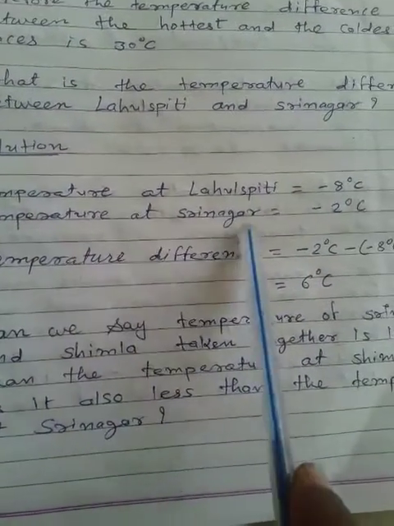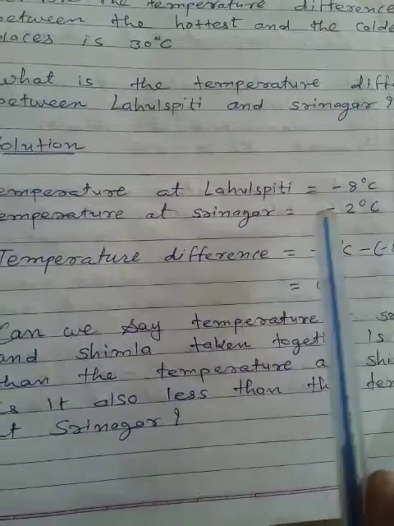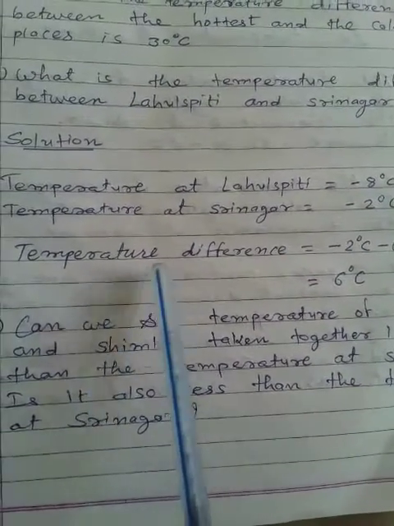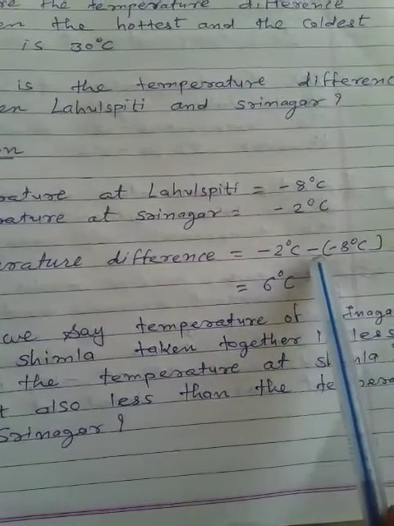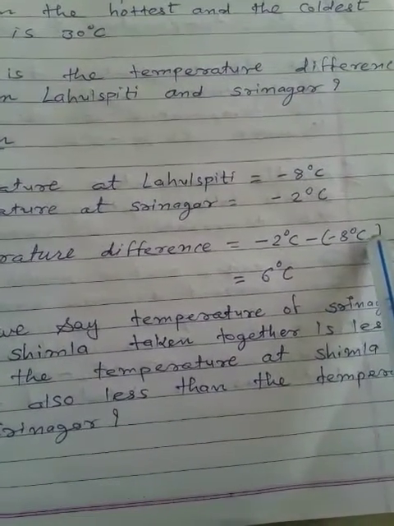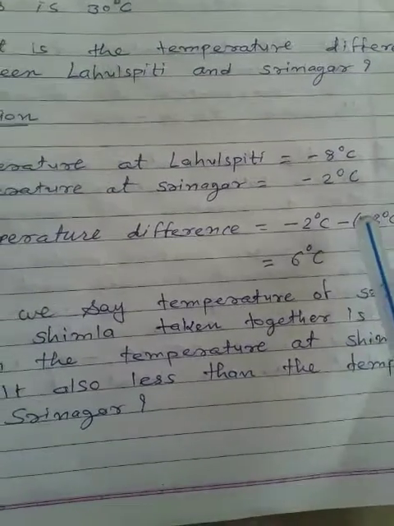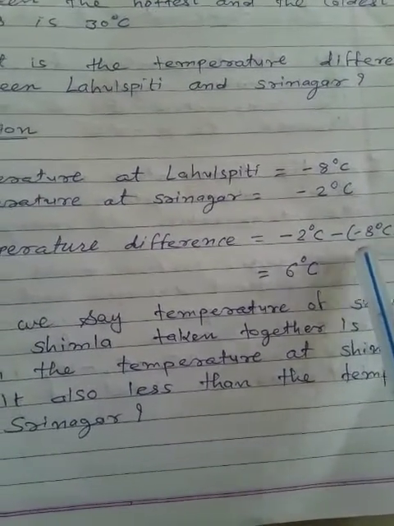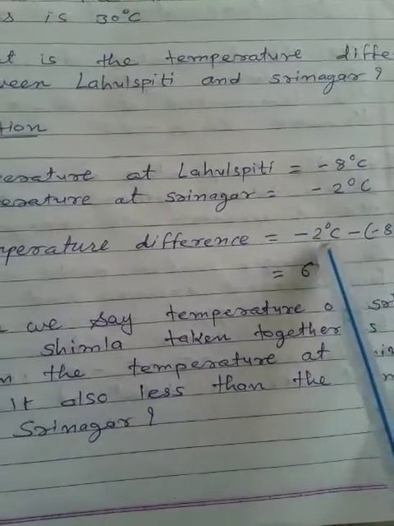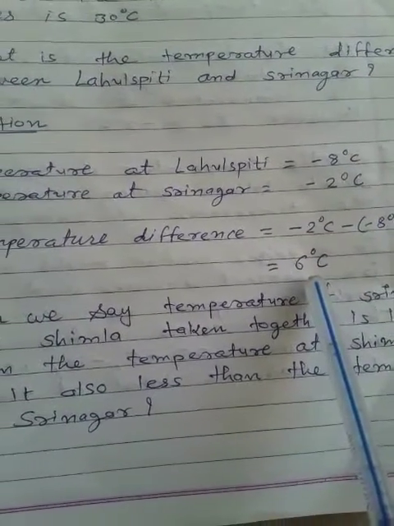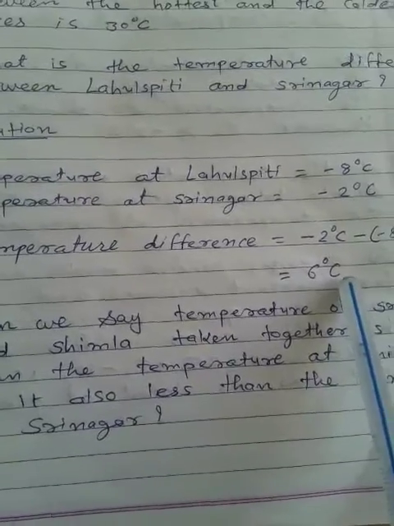Temperature at Srinagar is -2 degrees Celsius. Now temperature difference is -2 degrees Celsius minus (-8) degrees Celsius. So minus minus becomes plus, so 8 minus 2 is 6. So 6 degrees Celsius.